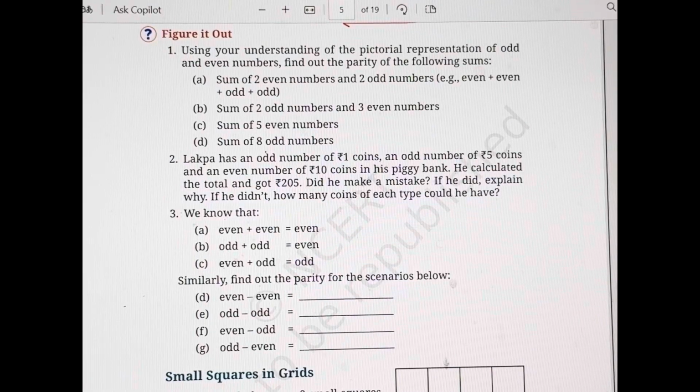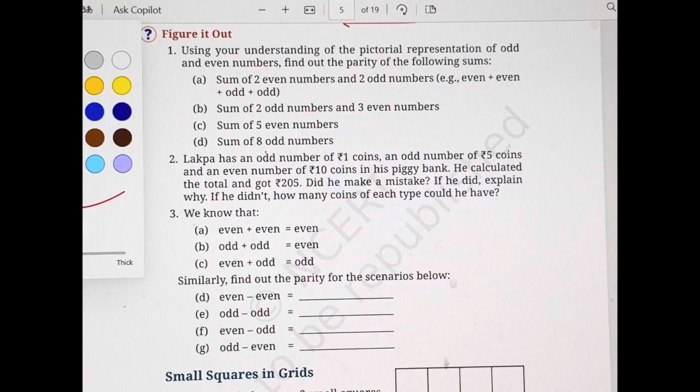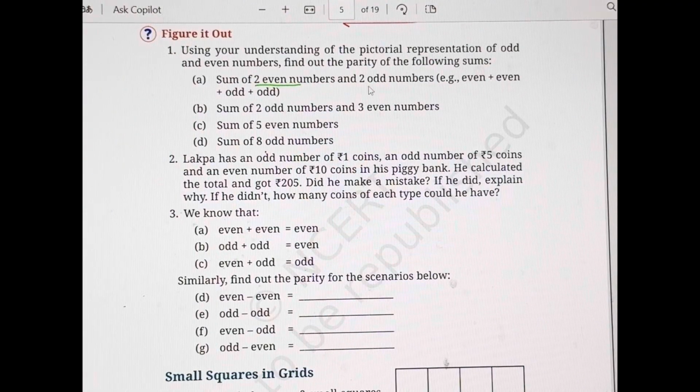Right? So let us see first one what is given. Sum of two even numbers and two odd numbers. What is it? So, what we can do here, we can take two even numbers. Actually, if you remember, two even numbers gave you even and two odd numbers also gave you even.